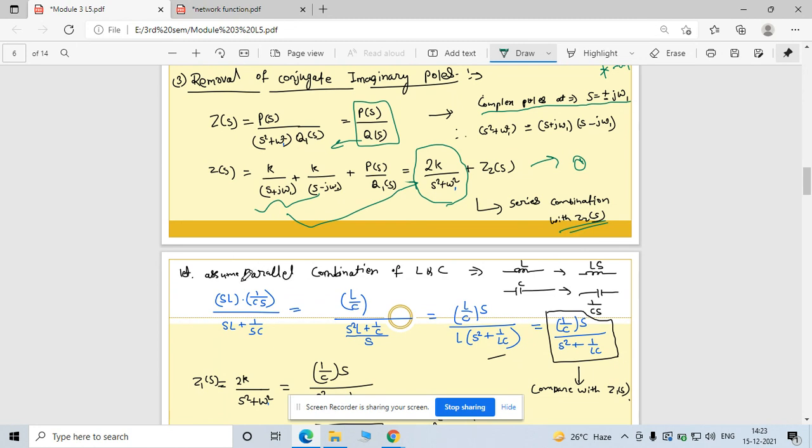So when I take the parallel combination of this L and C, the numerator is the product of these two and the denominator is the sum of these two, right? When I compare this equation with this standard format, I make an arrangement by which I can easily compare these two terms.